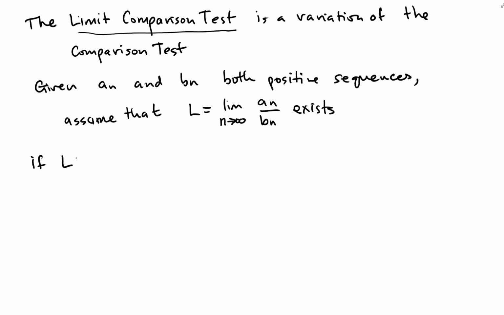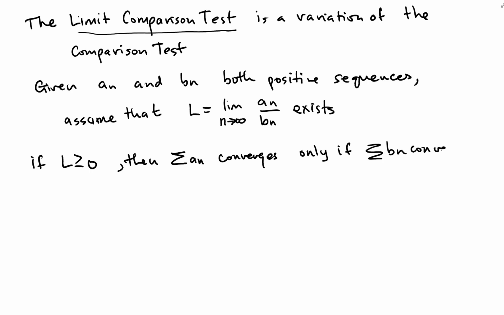Well, if the L value is bigger than or equal to 0, so that would mean it's a positive number, well, then the top series converges only if the bottom series converges.